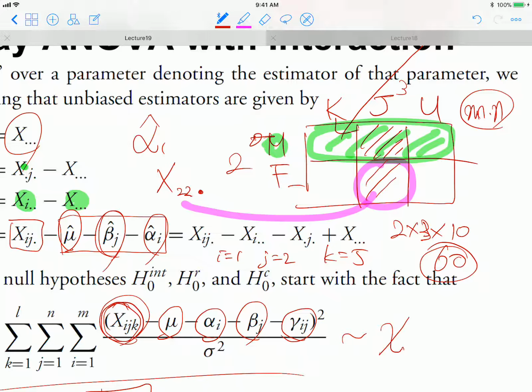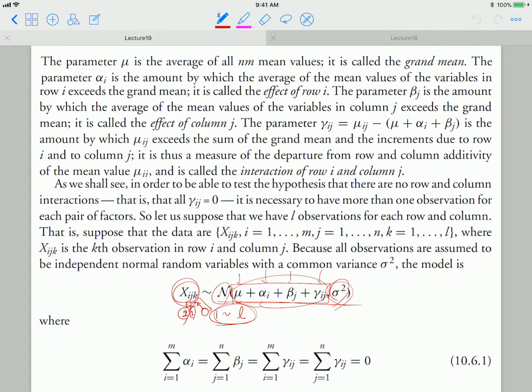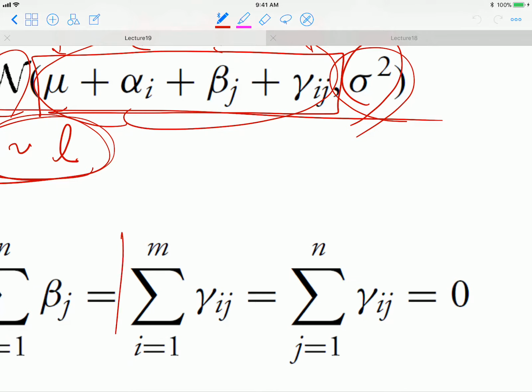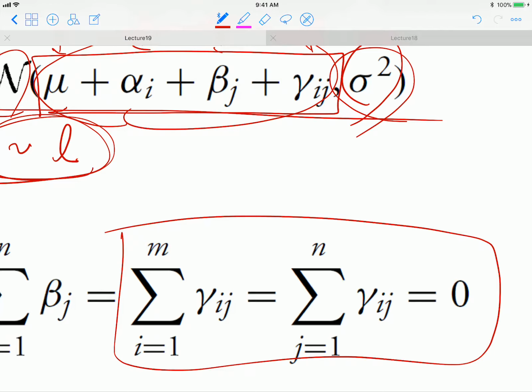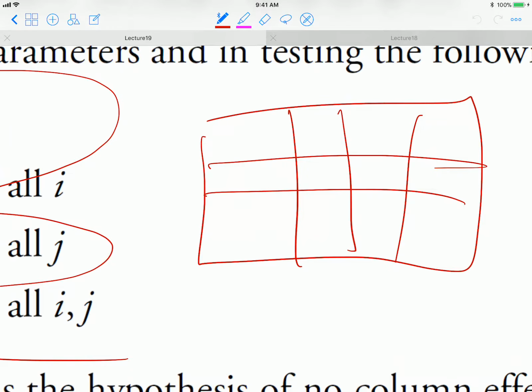But these interaction terms should satisfy this very important equation. Let's use this table and estimate them one by one.